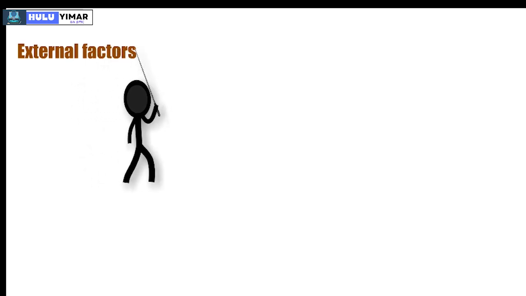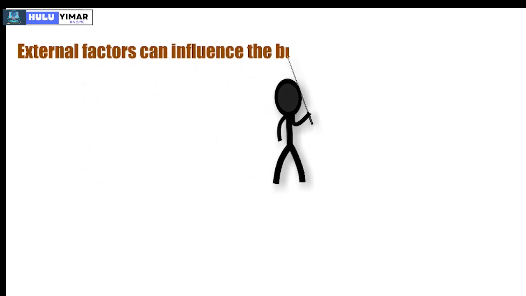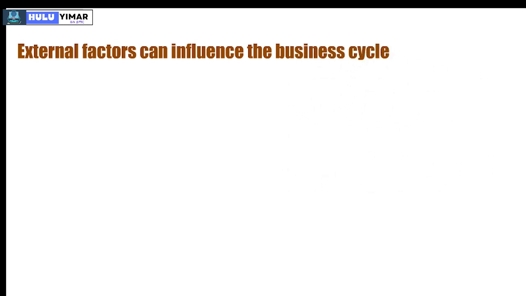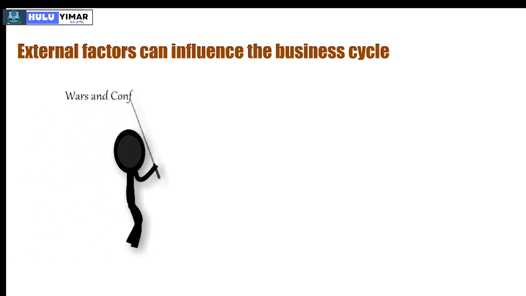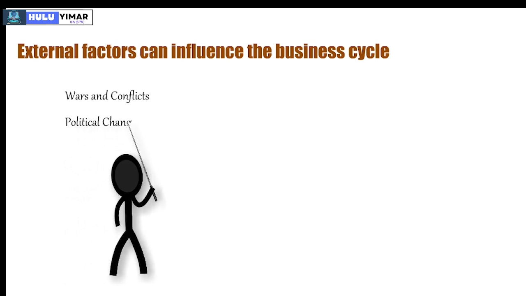So let's discuss the external factors that may affect a business cycle. As the name suggests, these are changes that arise outside the economic system but still affect the economic cycle, such as wars and conflict, political change or shifting government policies or leadership, and political instability.